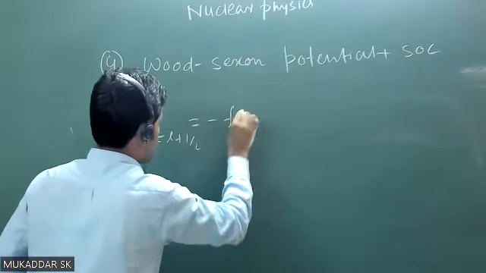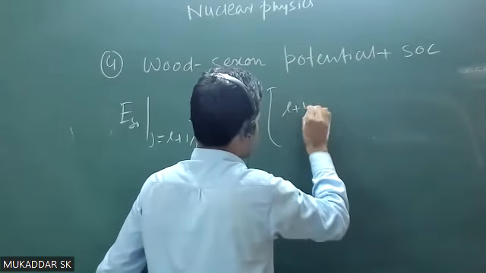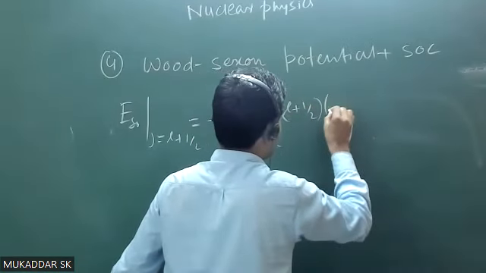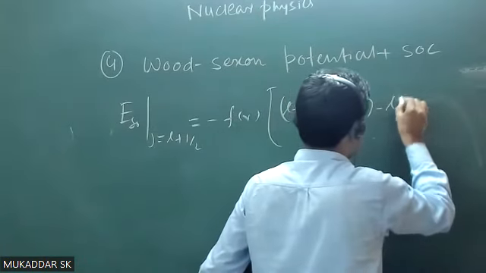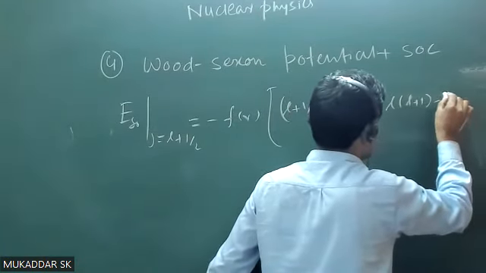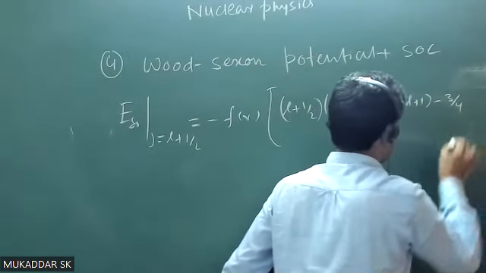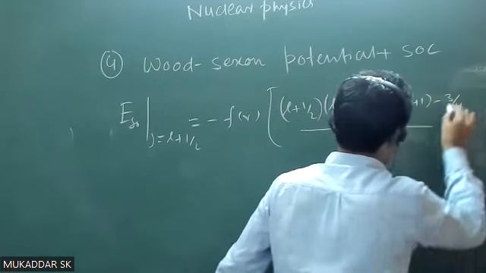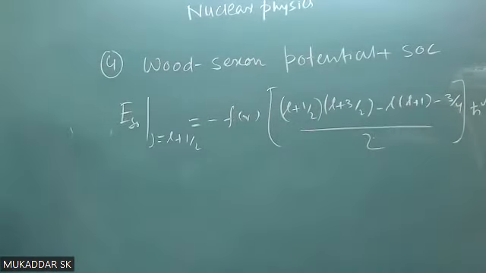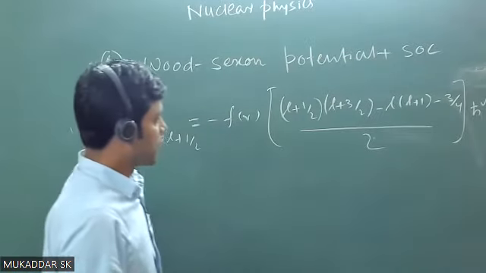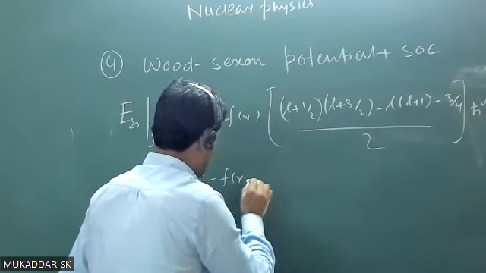So you have minus FR, that is outside. In place of J, I'll substitute L plus half. So J into J plus 1 means L plus half into L plus 3 by 2, minus L into L plus 1, minus S into S plus 1, with S equal to half, that will be 3 by 4, and you have 2, and of course there is H cross square here. It means minus FR.